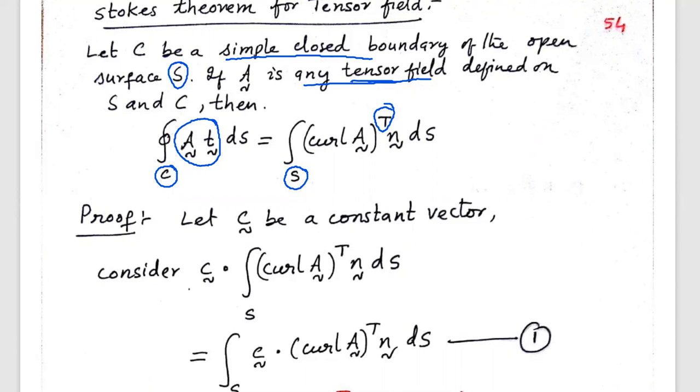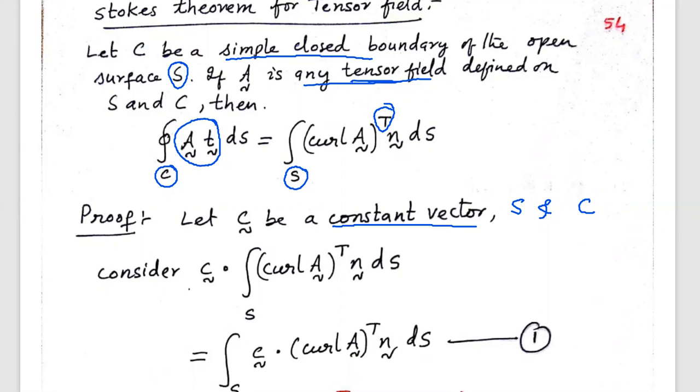Now to prove this, let us take any constant vector defined on S and the closed curve C. Our c is any constant vector. And take the dot product of c and the RHS of what we have to prove.